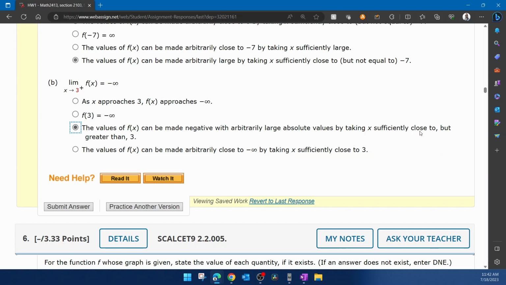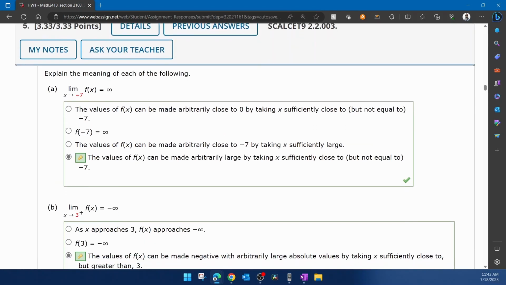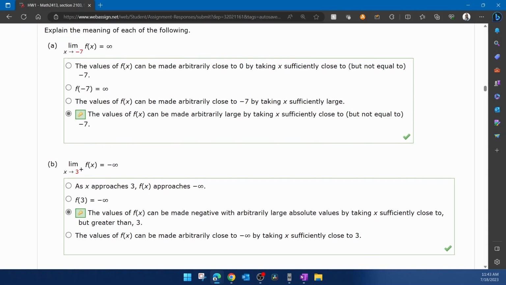If we take x sufficiently close to but greater than, remember approaching from the right means you're coming in from above 3, which would be greater than 3. And so I'm going to have to go with option 3, and we're going to submit and see how we did. And if we scroll through the results, we can see that we got the correct answer for both statements.